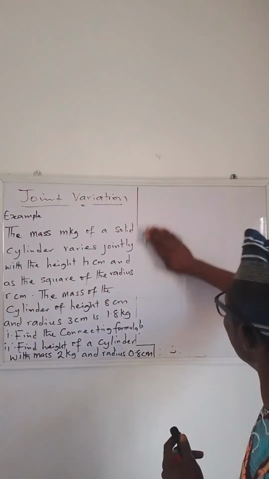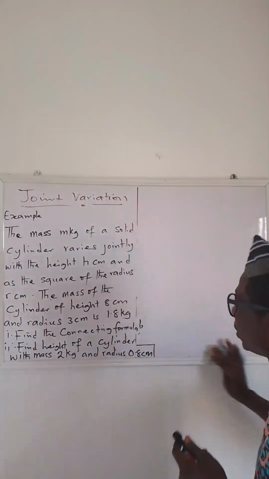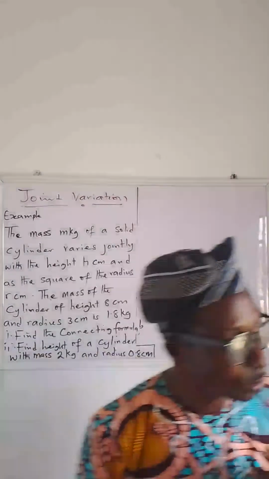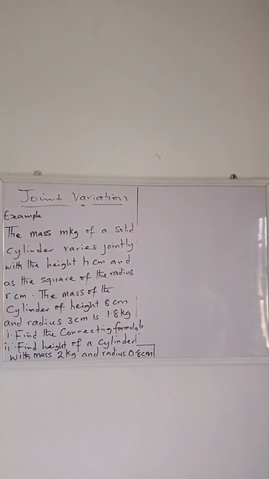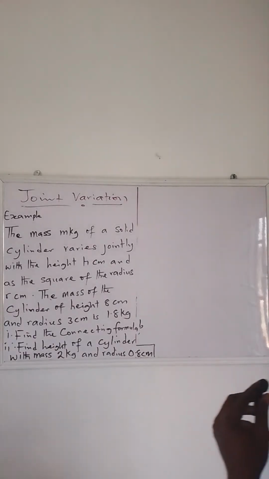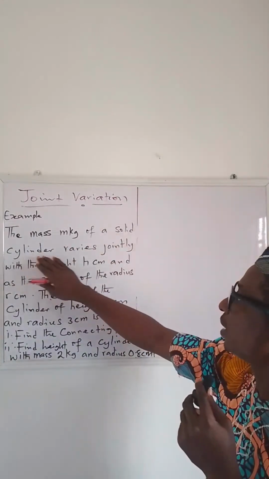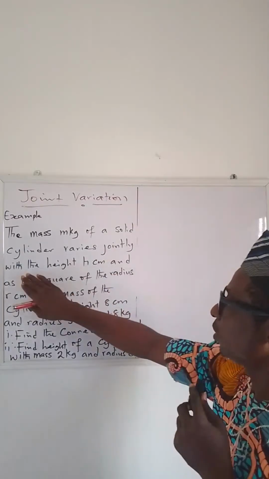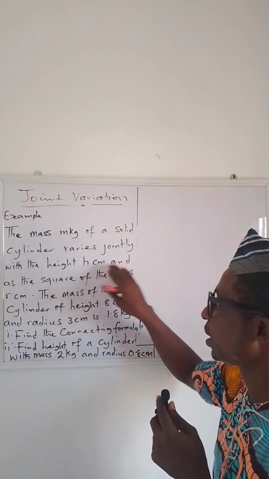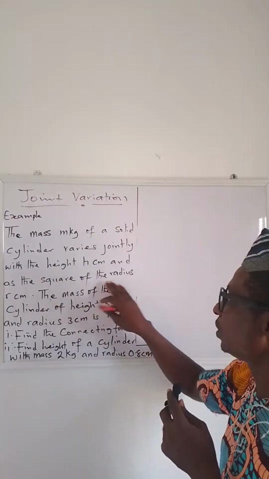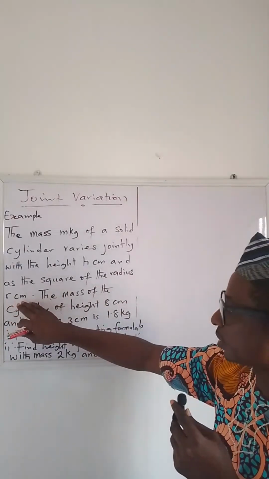The next question, let's look at it. How do we address this problem? This is a word problem. So now we read the question together and see how to solve this type of problem. Now, the mass m kg of a solid cylinder varies jointly with the height h and as the square of the radius r in centimeter.